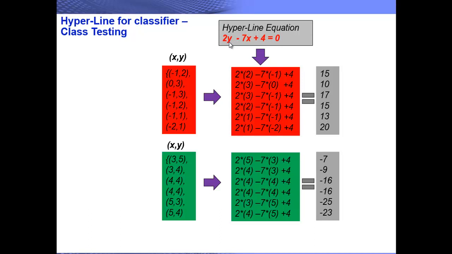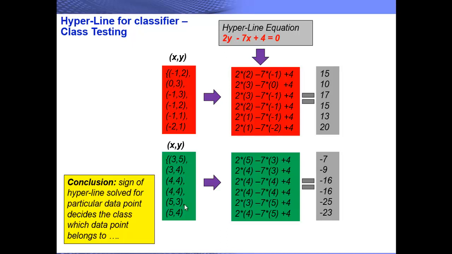So we can conclude that the sign of the hyperplane equation solved for a particular data point decides the class to which the data point belongs.